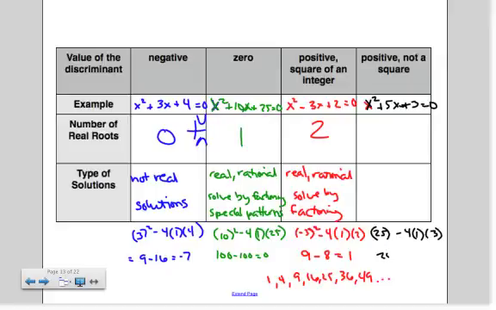So that's 25 minus 12, which is 13. 13 is not a perfect square, but it is positive, so I have two roots, and the type of solutions are real and irrational, meaning there's a square root in your answer. And you have to solve by the quadratic formula, or completing the square, but most of us would rather use the quadratic formula.